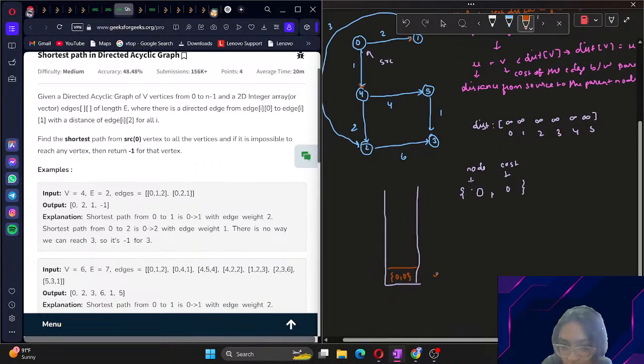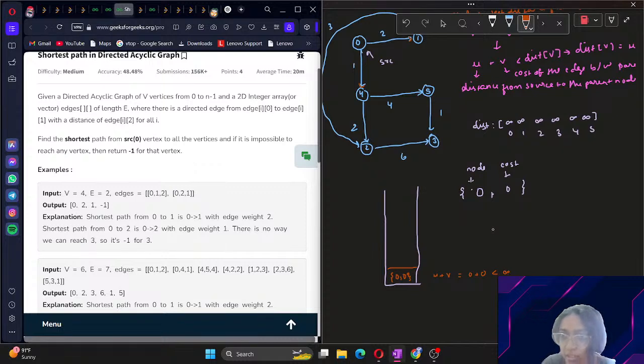Since u plus v, that is 0 plus 0, is less than infinity, we are going to update the distance of 0. Why do we have u as 0? Because it is our source node and we don't have an incoming edge. So that's why v is 0.